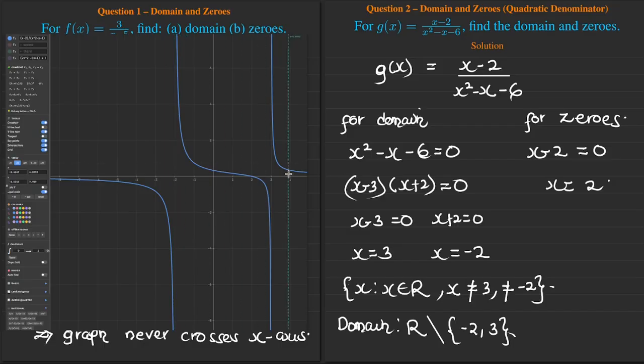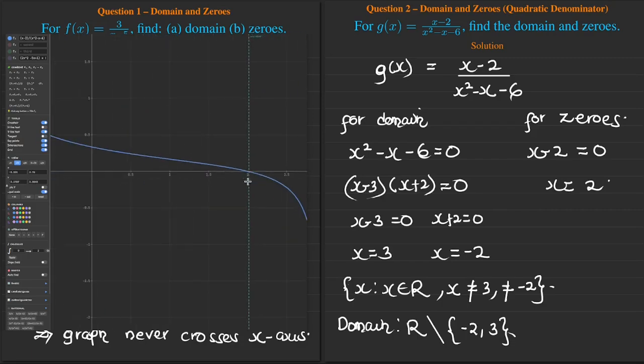Do you see? Now the next one was also 3. So if we come up here, this is our 3. If I draw a vertical line, you realize that the function also tries as much as possible to avoid this 3. Then talking of the zeros, that is where the graph touches the x-axis.